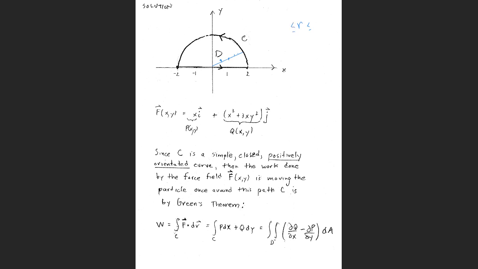Radius would be between what values? What are the values of my radii? 0 to 2, anywhere on that region. Good, thank you, Ellie.